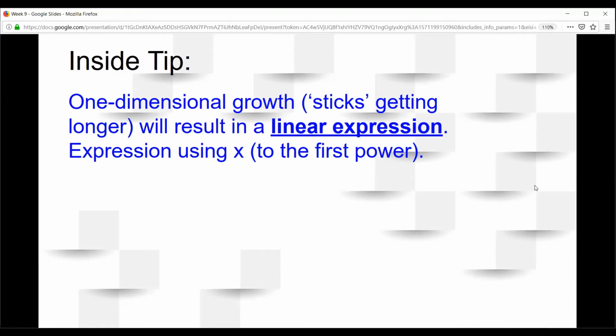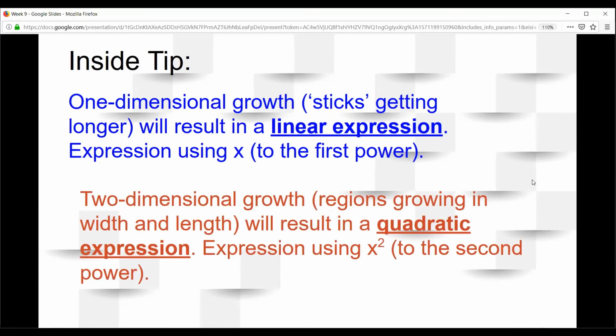Now, it might be, for example, 4x or 4n, like we saw in our first example. Furthermore, if we have two-dimensional growth, in other words, regions that are growing in both width and length, this is going to result in a quadratic expression. Expressions using x squared, that is, x to the second power.